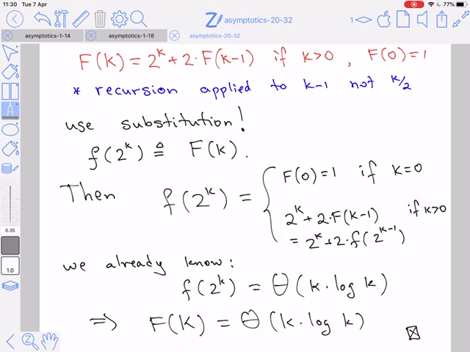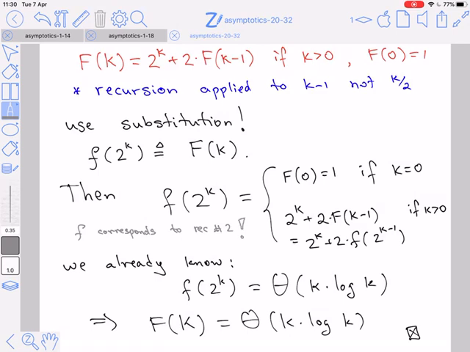So we notice that lowercase f satisfies the second recurrence. So f corresponds to recurrence number 2.